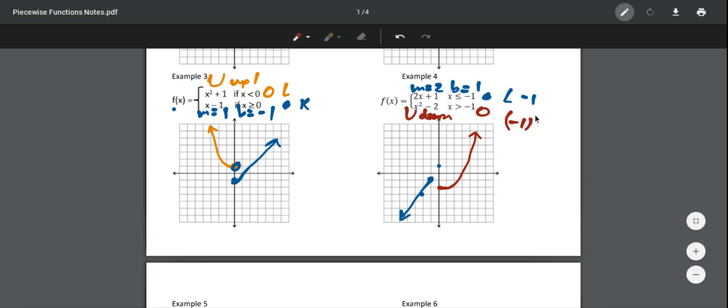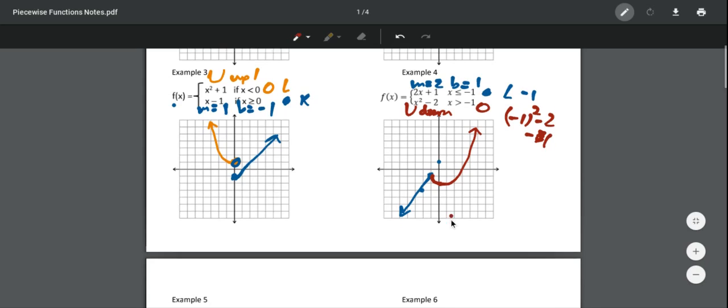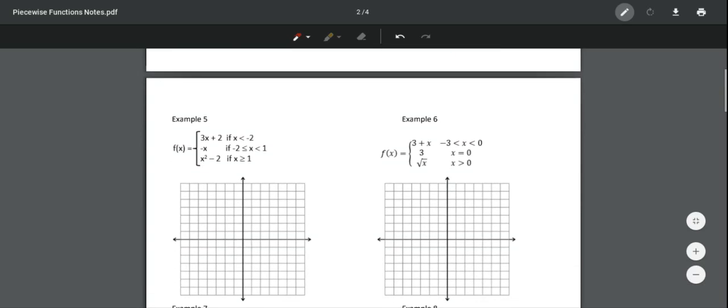So if I do -1 squared minus 2, that's 1 minus 2, oh, nope, that would be -1. Sorry. That tells me that this should go to here. And those would connect.